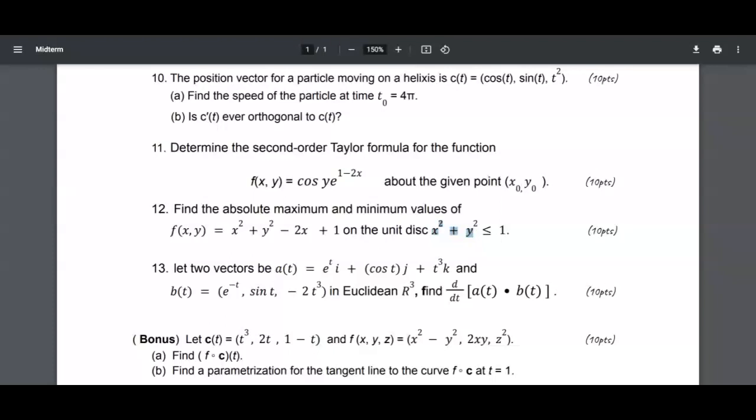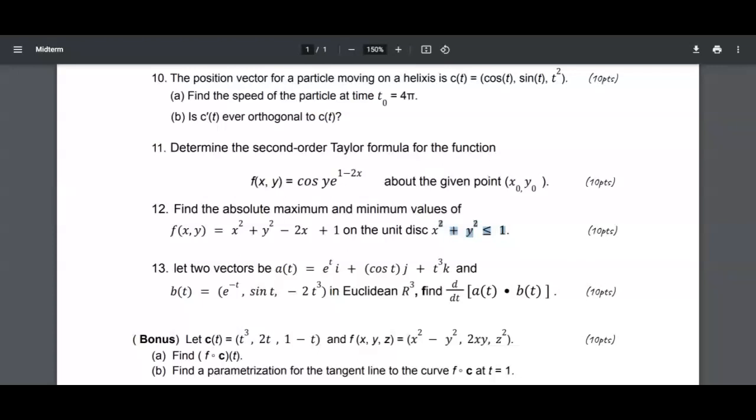First derivative test and second derivative test, right? That's the first part, over the open set. The second part is the boundary, which is x squared plus y squared equals 1, a closed set. How do you find maximum and minimum over a closed set? Lagrange method.